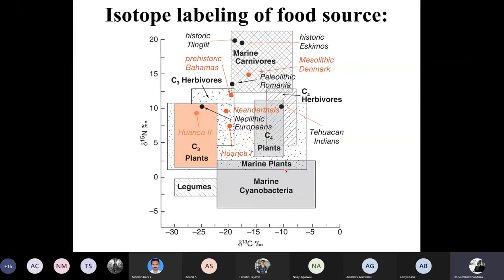We can make it a bit more complicated. We can look at different types of populations and where they fall in the C3 versus C4 grid. From that, we can see the Neanderthals are falling close to the C3 plant grid, so they are mostly surviving on products from trees.